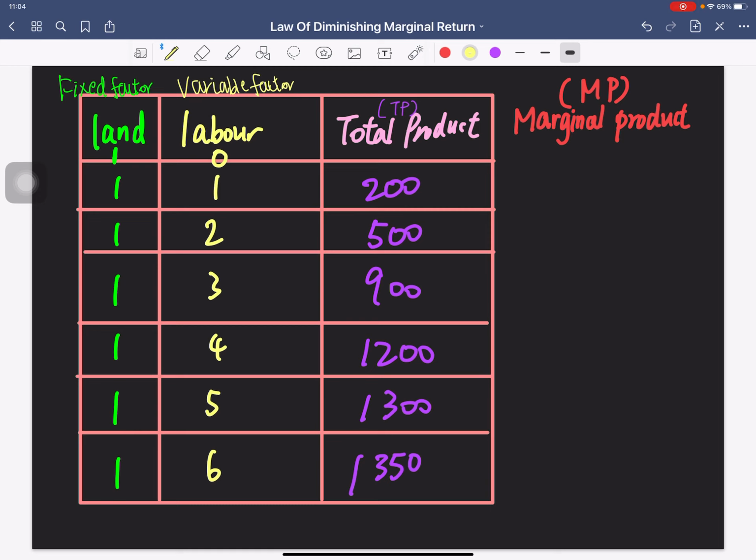It means when the unit of labor employed is 0, can you guess what total output we have? It is going to be 0 because there's no variable factor. No one is going to make good use of the land, right? So we assume that we have at least 1 unit of labor to get this working. So when the labor is 0, we have the total product of 0.